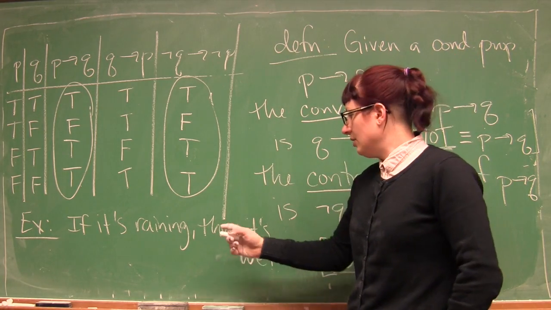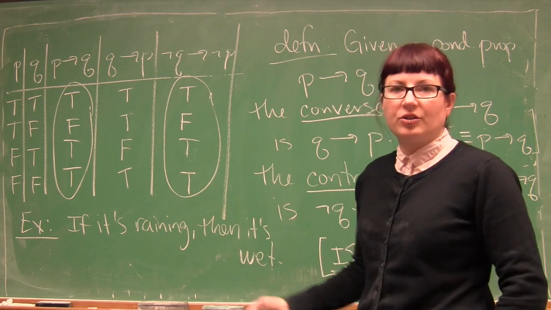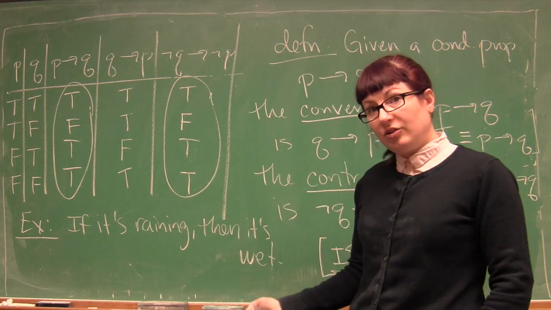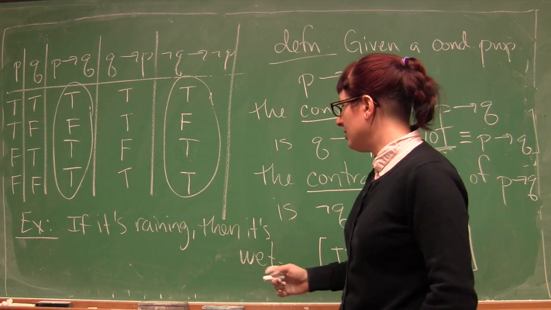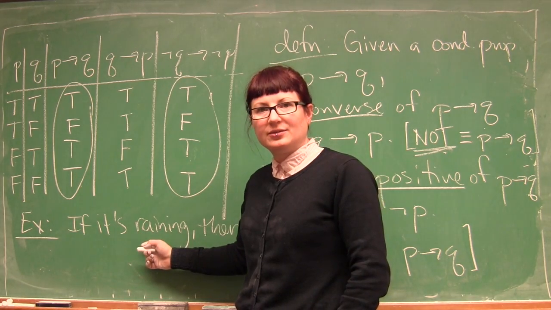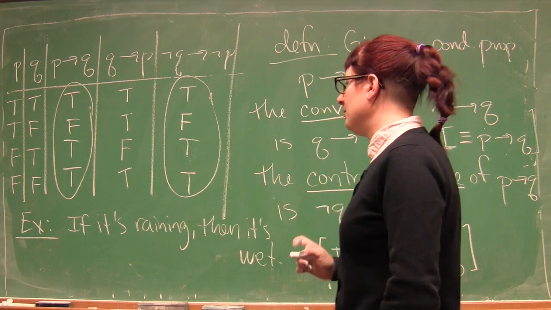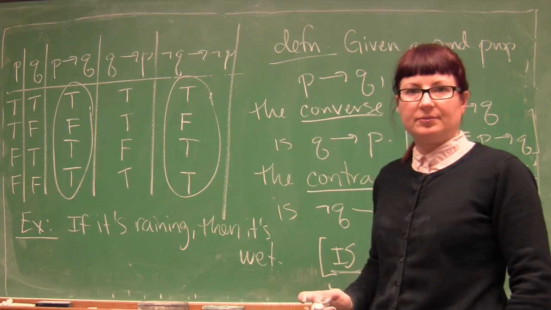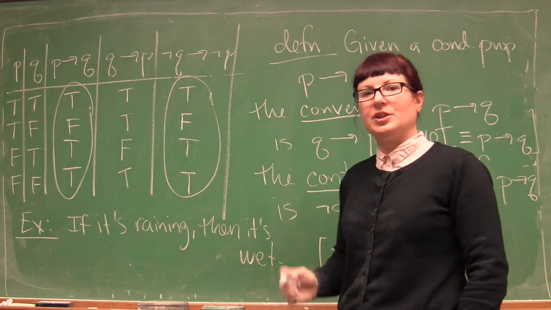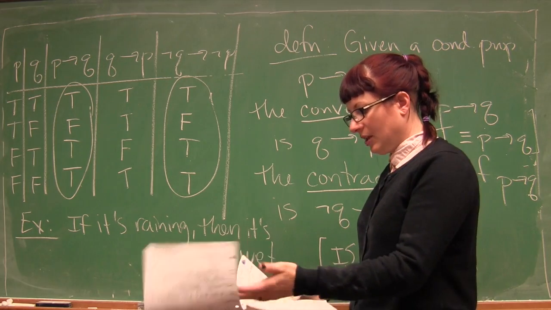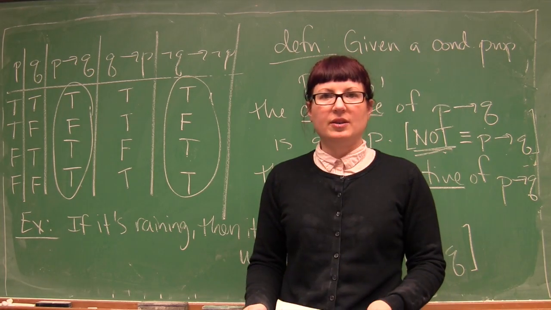Q implies P, if it's wet, then it's raining, is not true, right? Although if it's raining, then it's wet is true. However, if it's not wet, then it's not raining, is the same as saying if it's raining, then it's wet. Cool. You can think about it a little bit, but it's a good example. All right, and so that will conclude the second video.